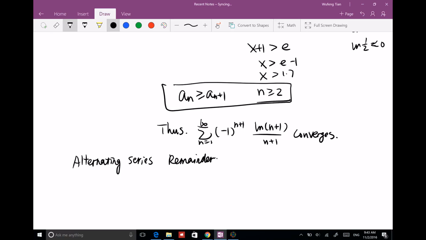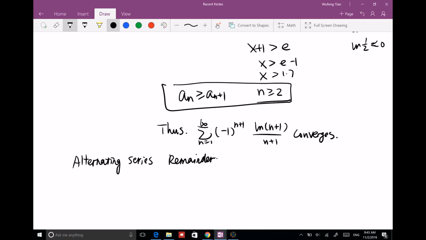Okay. So what is the alternating series remainder? If a convergent alternating series satisfies the condition a_{n+1} less than or equal to a_n, the absolute value of the remainder Rn involved in approximating the sum by Sn is less than or equal to the first neglected term.